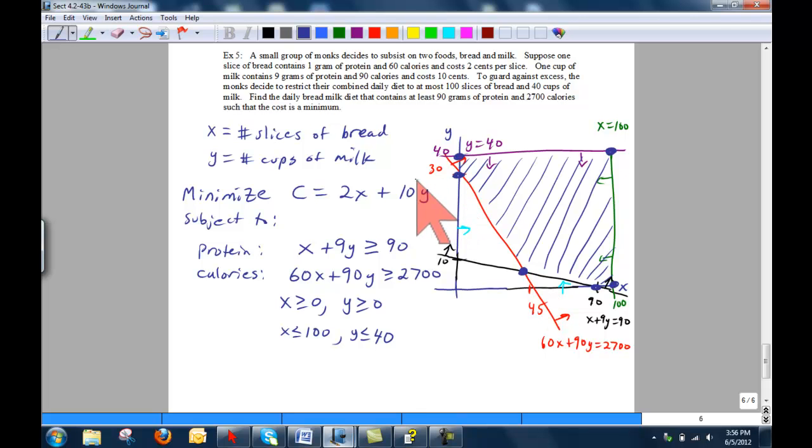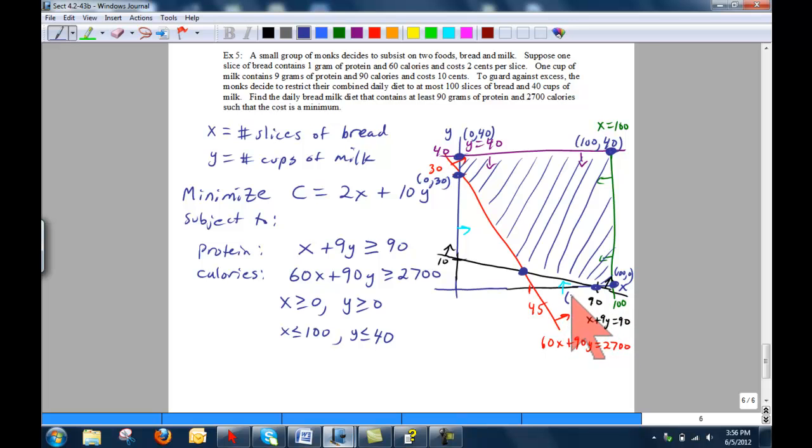What are they? Let's list them one at a time. Say starting here, this is the point 0, 30. This is the point 0, 40. Now if I go over here, I can just read it off. The x-coordinate is 100 and the y-coordinate is 40. Down here in the lower corner is 100, 0.